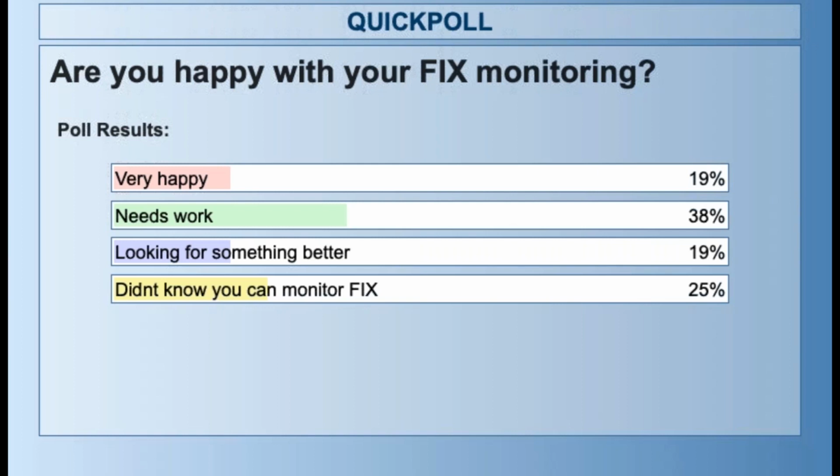Yeah, I think the interesting thing is, if you do a search for some of these FIX protocol monitoring tools, it is amazing, with the sheer volume of FIX that is used in the industry today globally, that a lot of people still don't monitor their FIX. They're just assuming it's all working, which is some type of monitoring.